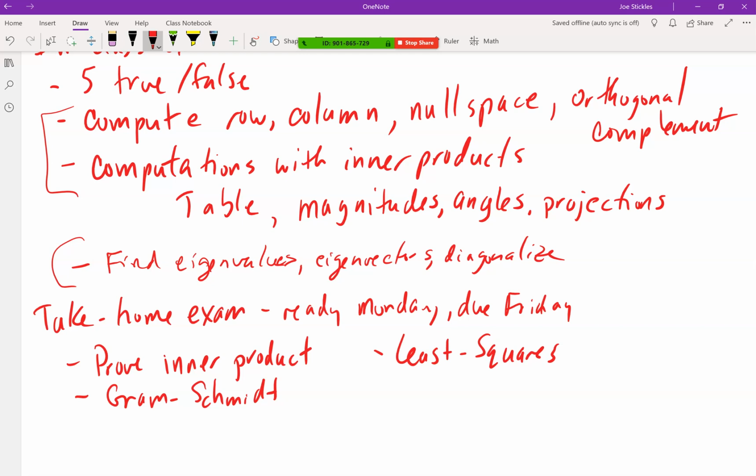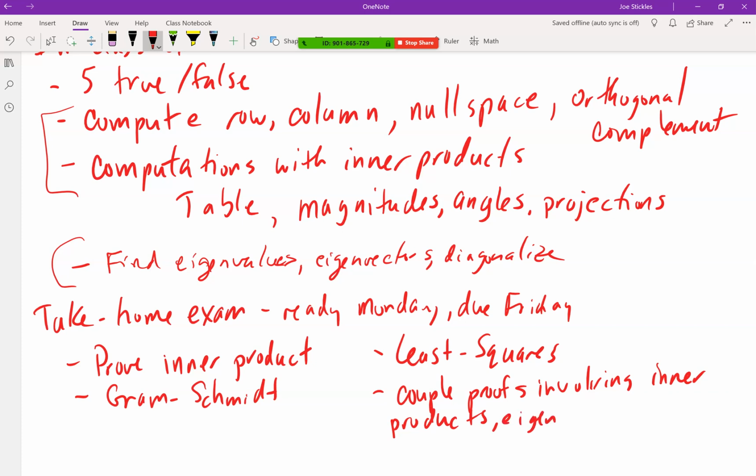That's also on your current homework now. And then there'll be a couple of proofs involving inner products and eigenvalues and eigenvectors.